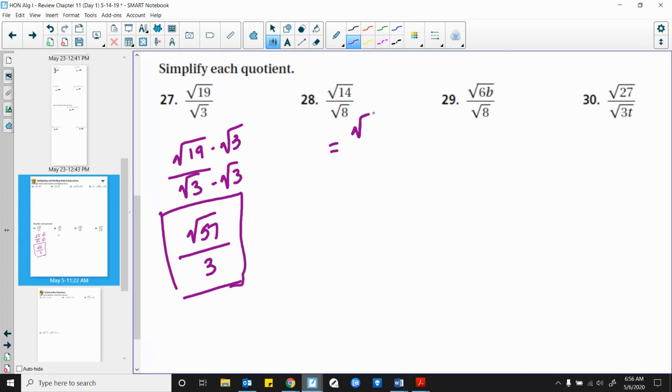So I'd have radical 7 over radical 4. Again, all I did is divided all of these by 2. From here then, radical 7 stays the same, and then square root of 4 is going to be just 2. So my answer is going to be radical 7 over 2.